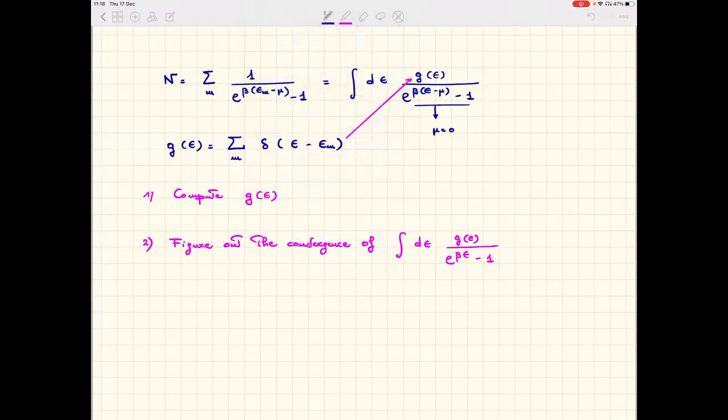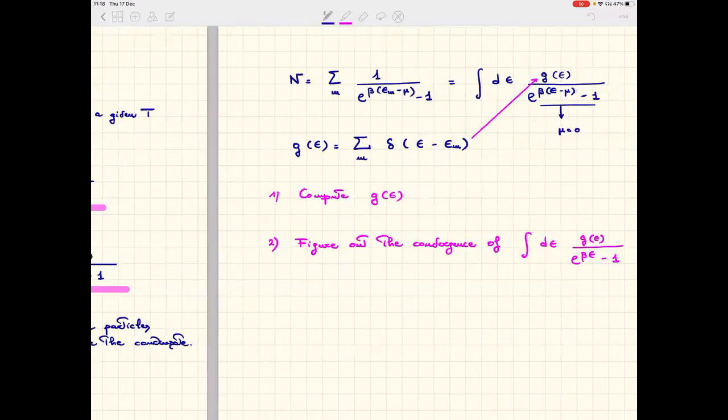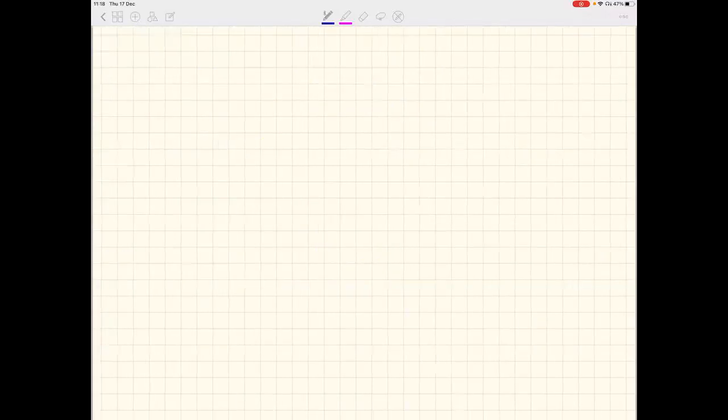So let me make an example of this procedure. Let us ask ourselves the following question. We know from what we have done yesterday that there is no Bose-Einstein condensation in two dimensions for a free system, right?